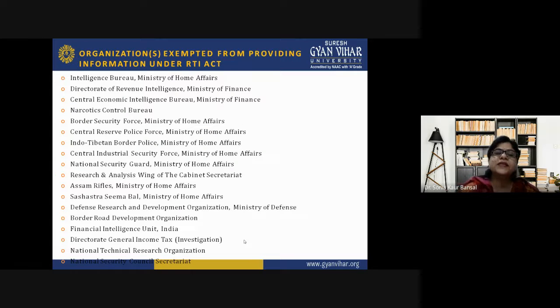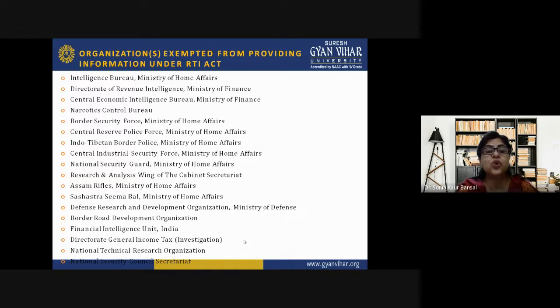Now, students, let's have a look at the different organizations exempted from providing information under the RTI Act. It is not like that people can know anything which is actually risking the safety and security of the country, and the information will not be leaked.